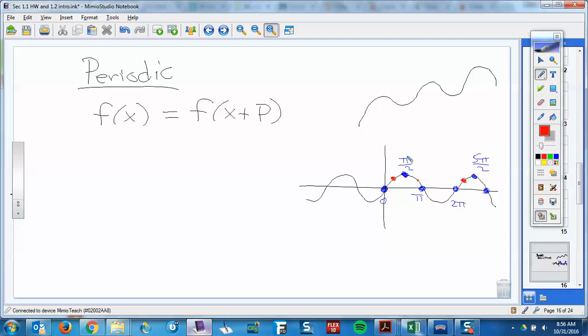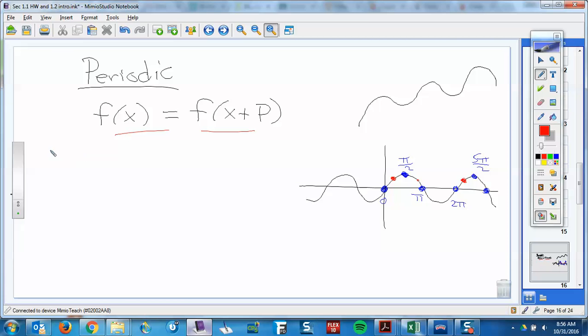Now, they're going to ask you some kind of goofy type questions with period, and I may also on the quiz. But if a function is periodic and you know it repeats those values, so let's forget the sine function.